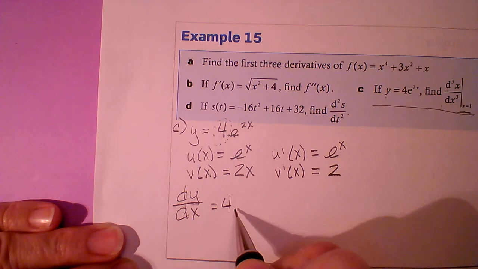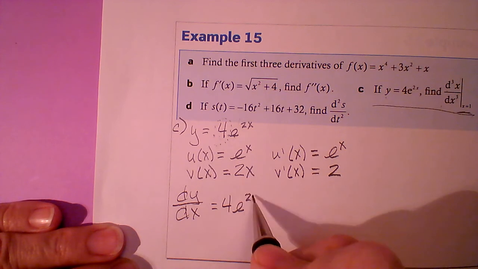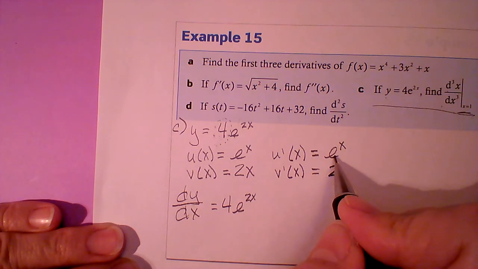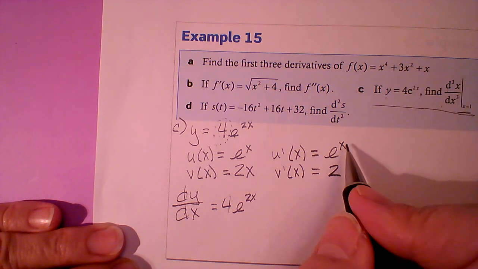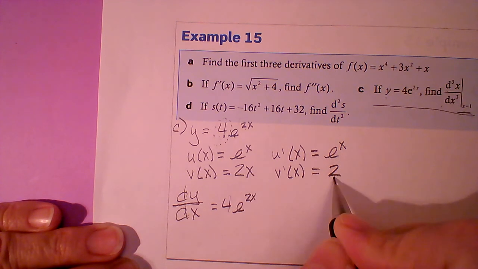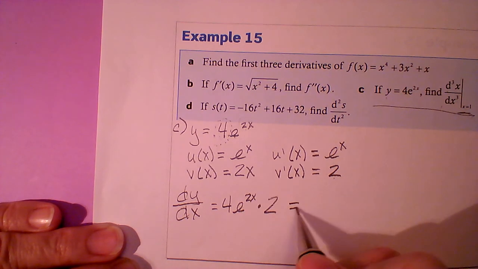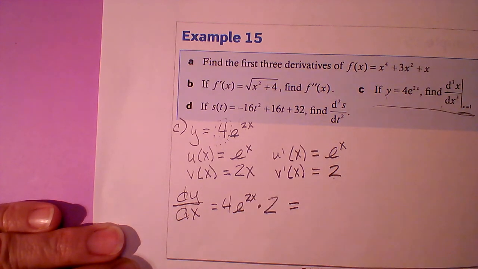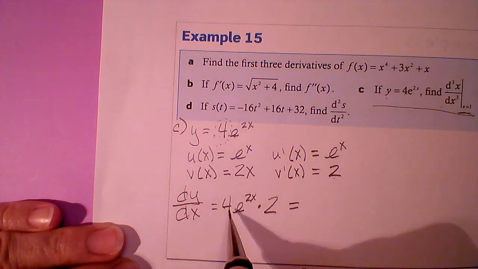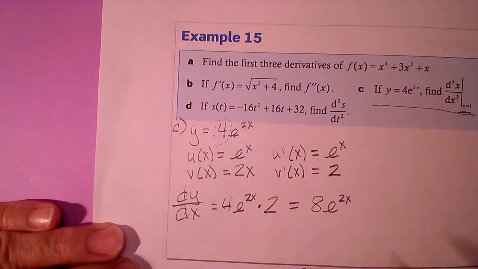So 4 e to the 2x, my derivative is e to the x, and we replace the x back with the original 2x, times the derivative of our inner function. So times 2. So I have numbers here. So 4 times 2, 8 e to the 2x.